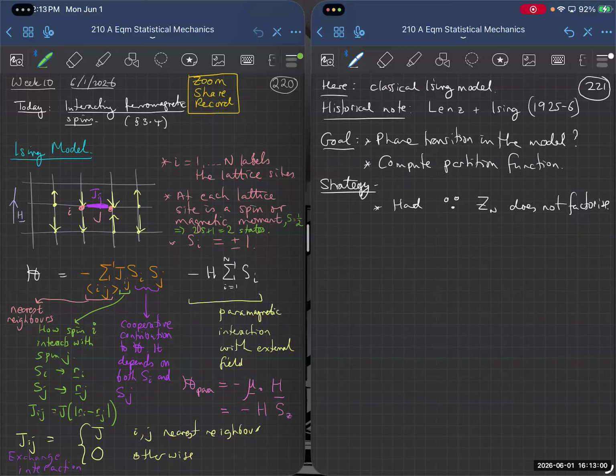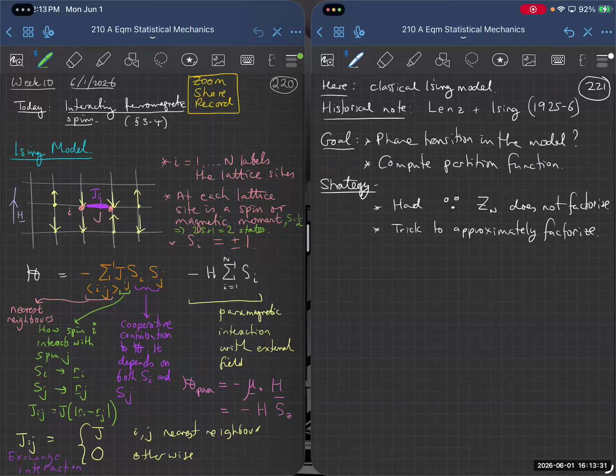So all interaction problems, by definition, do not naively factorize. And the way to solve them is to find some dirty trick so that you can factorize them. So what we're going to do is a trick to approximately factorize the partition function.